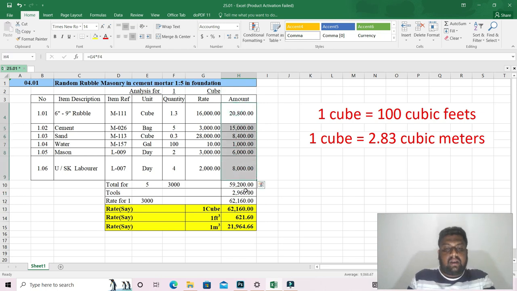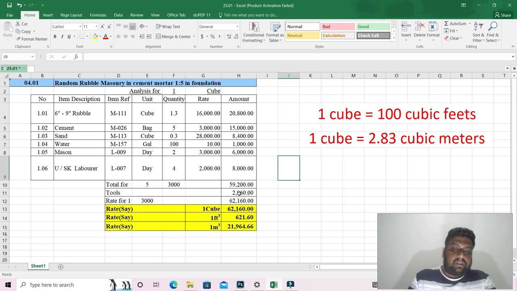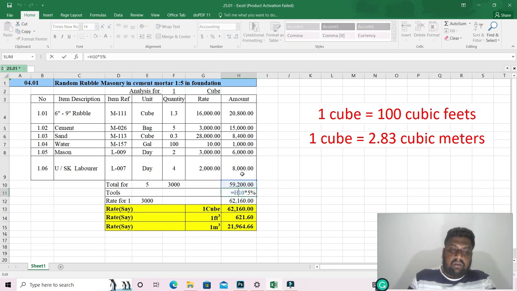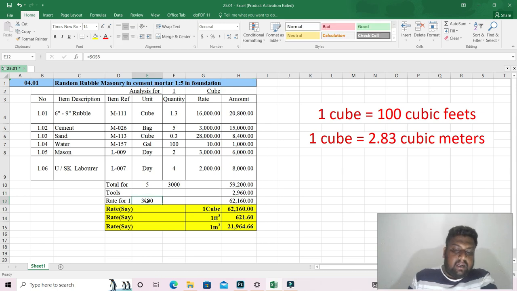The total summation is 59,200. From that 59,200, you need some tools and equipment, so I put 5% of this total for tools and equipment. So it's 2,960. When we add these two, it's 62,160.